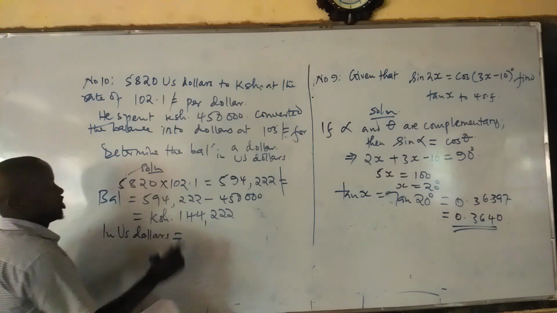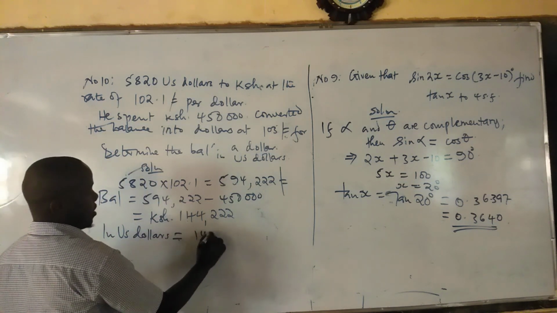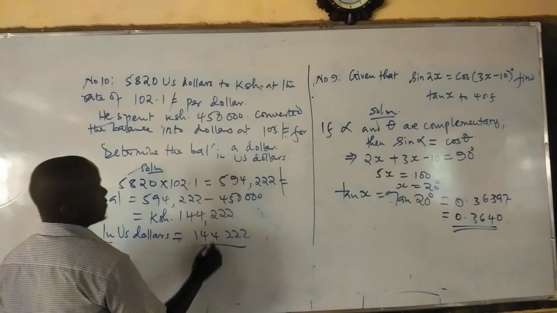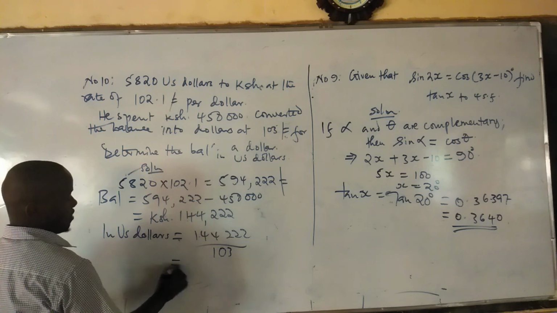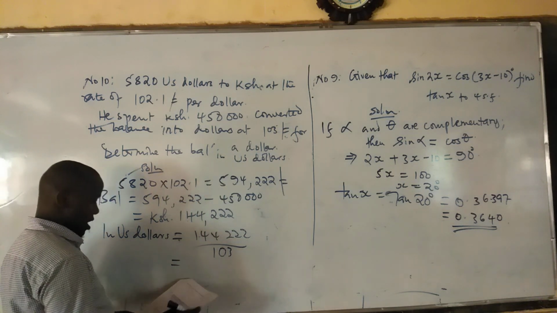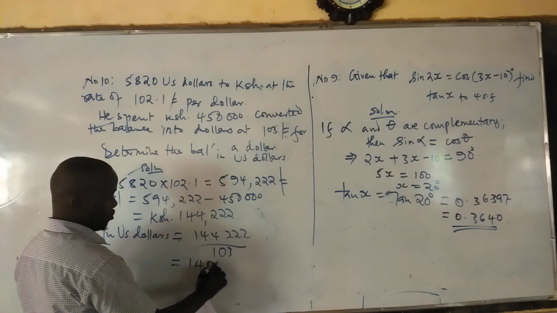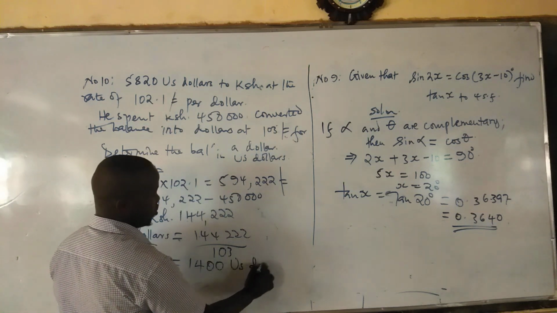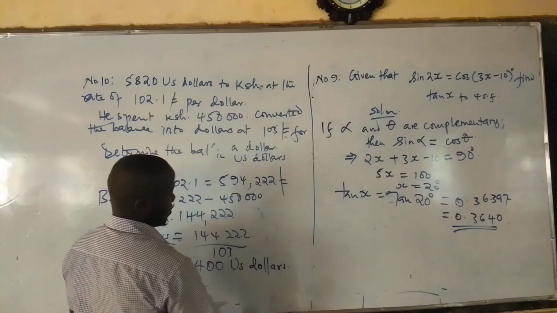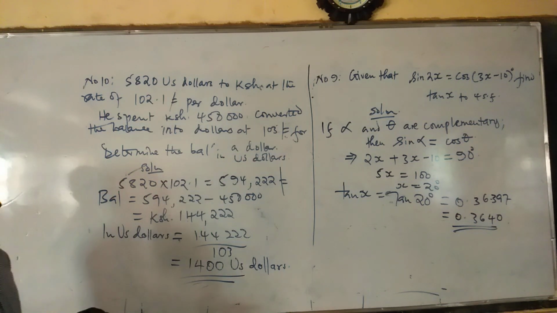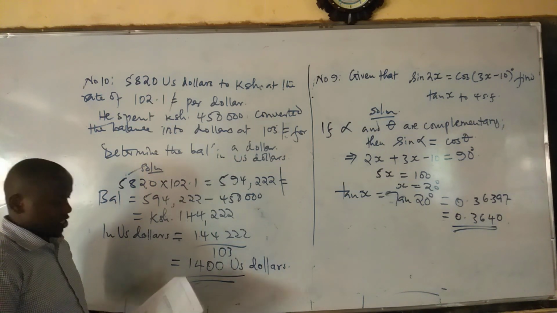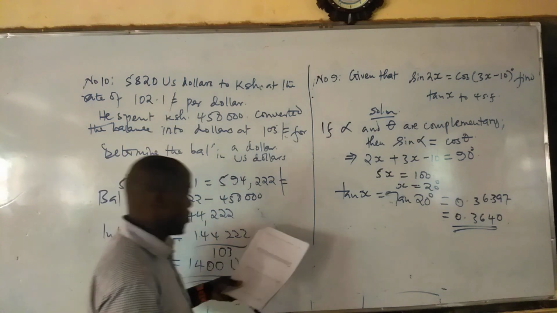To change Kenyan shillings to US dollars, it is now division with the rate. We are told the rate is 103 Kenyan shillings for every dollar. Therefore, this person at the end of the day will be having 1400 US dollars. So that is the balance in US dollars after the conversion.